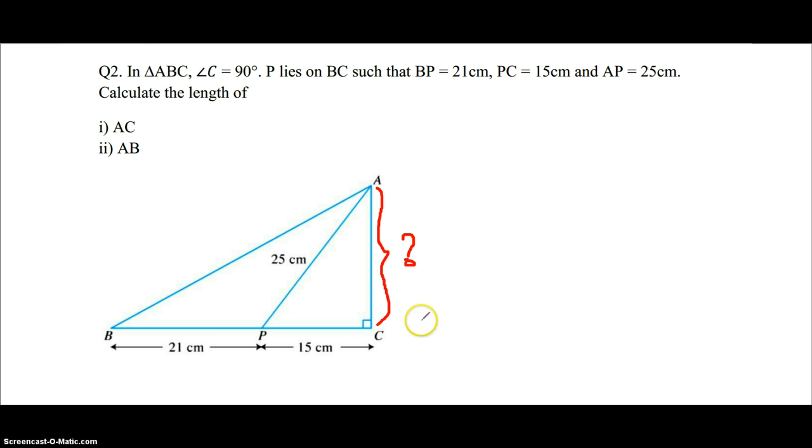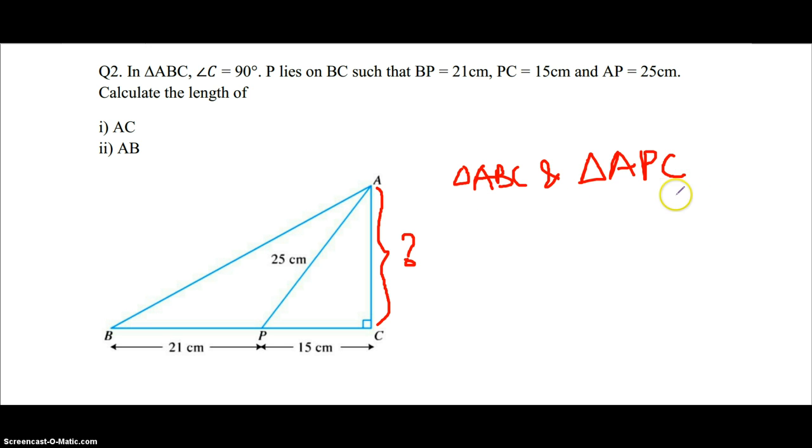If you look at this triangle, it actually is a big triangle comprising two smaller triangles. And if you are observant and sharp enough, you will see that there are two right angle triangles: triangle ABC and triangle APC.